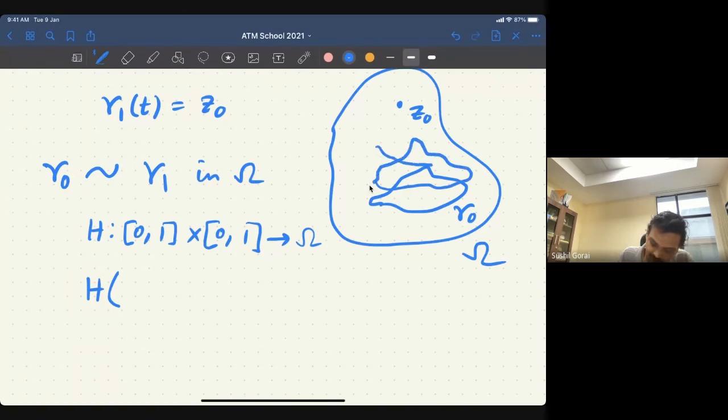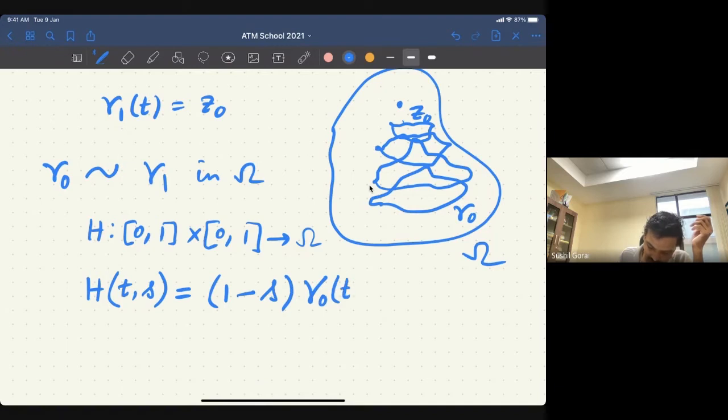Like this. Going smaller and smaller, I'm getting to z naught. So let me define explicitly. H(t, s) would be (1 minus s) gamma naught t plus s z naught.